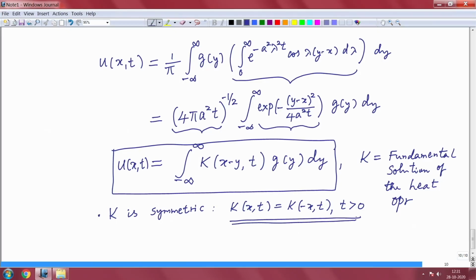And now we look at just a few comments on this formula. So, let me just introduce some notations.